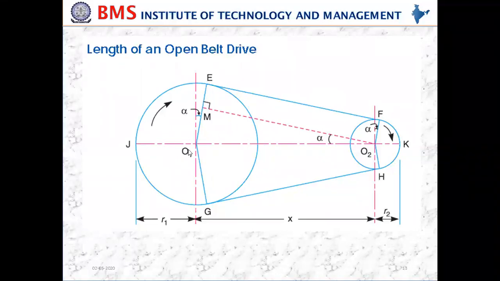Here O1 is the center of the driver pulley, and O2 is the center of the driven pulley, and the angle of contact is marked.